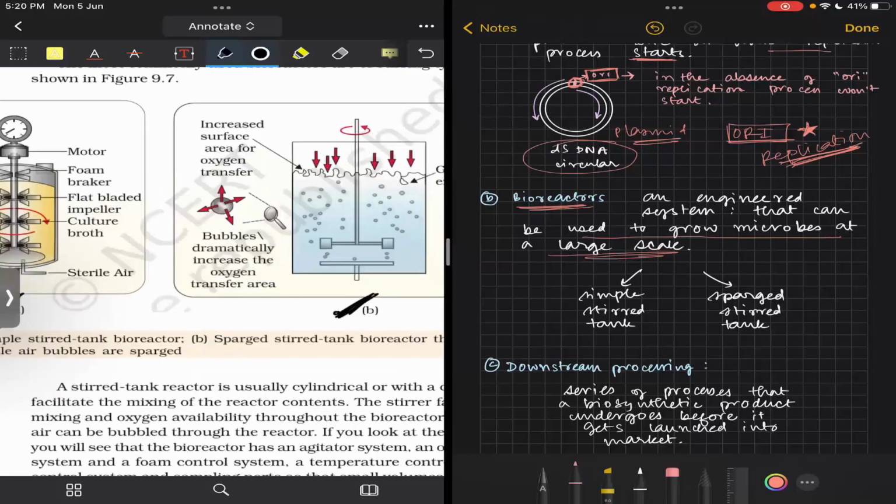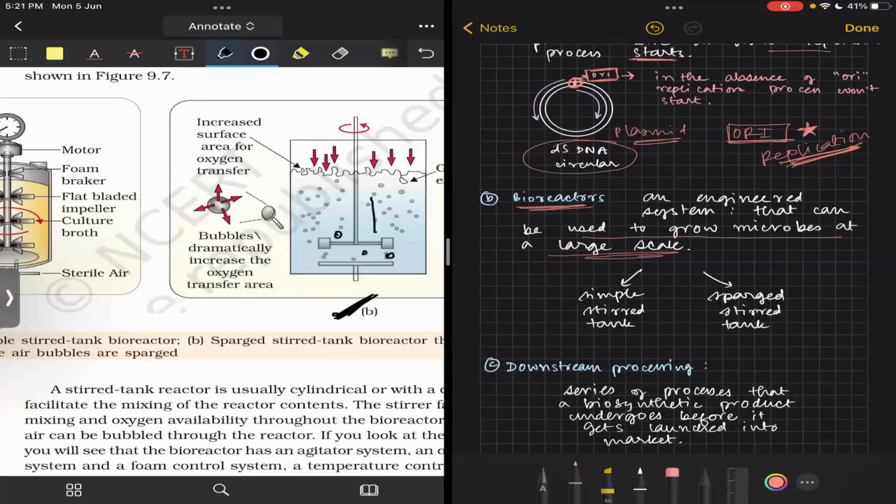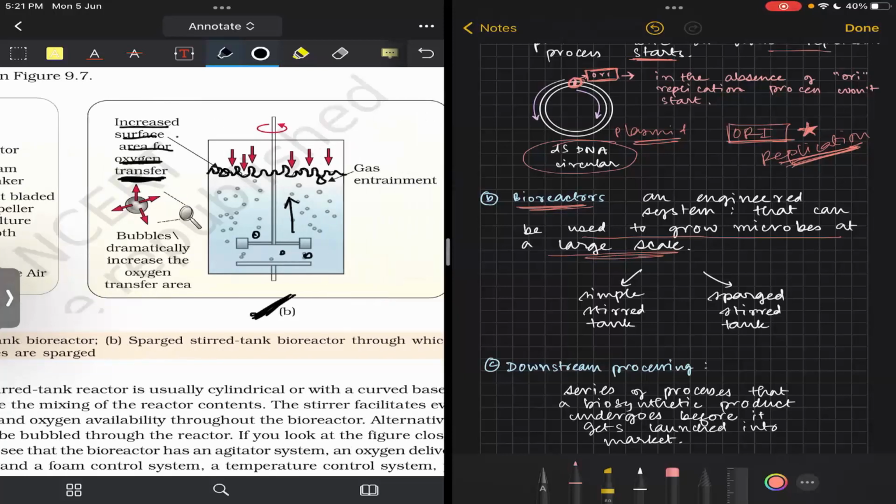So when the bubbles go up, they come in contact with the surface and they get burst. And by this process, they create unevenness on the surface. And what it does, it increases the surface area. And by increasing the surface area, it increases the area for oxygen transfer. And this increases the efficiency. So this is the only difference between sparge stirred tank and simple stirred tank.